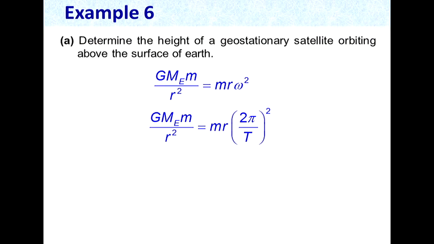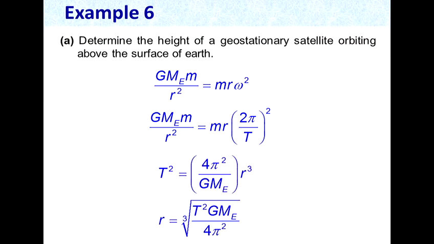And then omega, I convert to 2 pi over period. And then I make r the subject of the equation because I want to find the radius of orbit. So when it comes to here, you just have to be careful not to make any careless mistake.